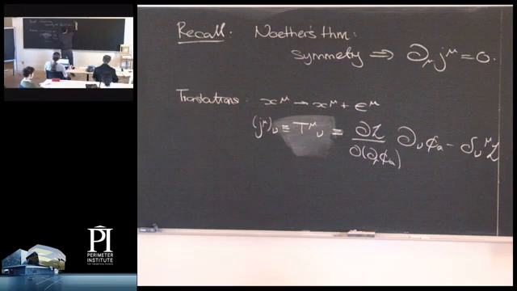And the examples I'm going to talk about now are called internal symmetries, or they're sometimes called global symmetries. The word global here is to distinguish them from gauge symmetries, which we'll come across later in the course.